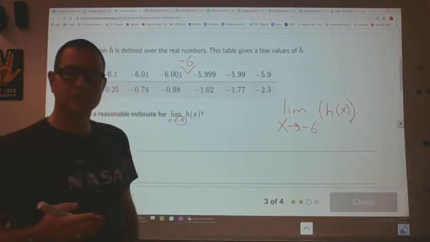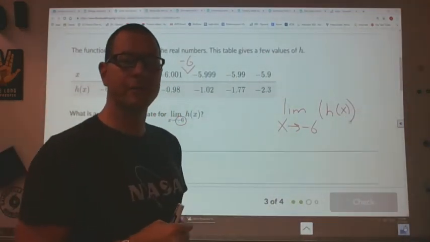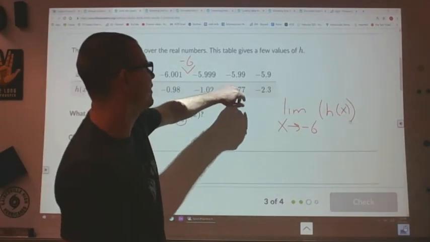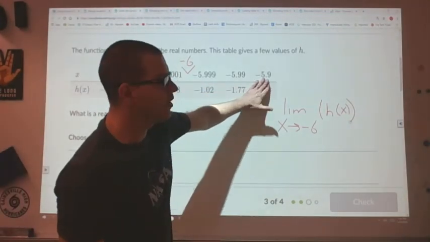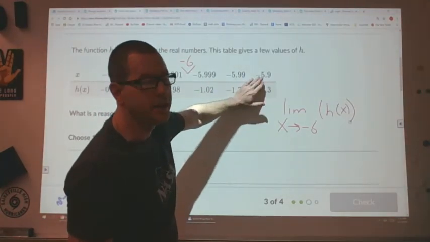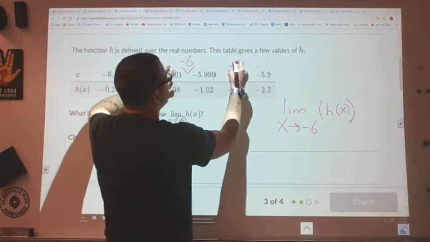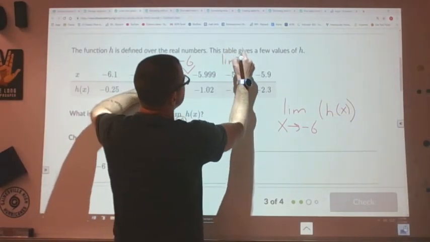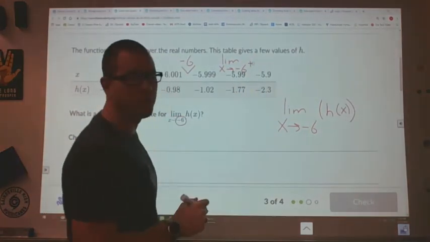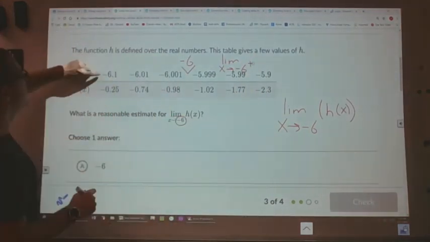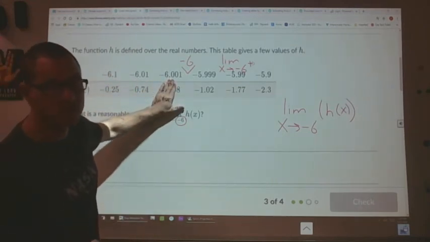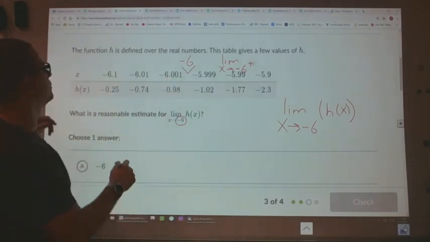And so what they've done is taken some values of the function around -6. So -5.9, -5.99, -5.999: all of these are values that are larger than -6. So this would be the limit as x approaches -6 from the right, using larger values. -6.1, -6.01, and -6.001 are smaller values.